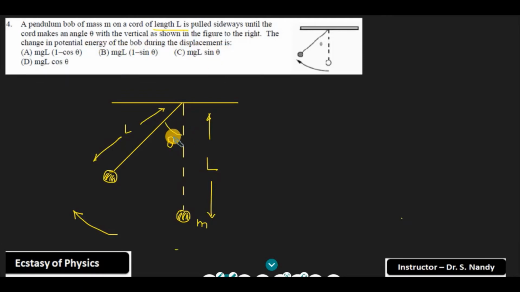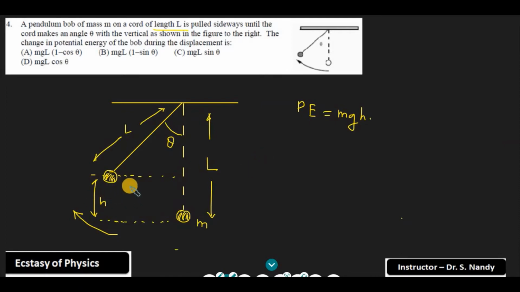Here it is making an angle theta. So we have to find how much it got vertically displaced. This height h we have to find, since potential energy is equal to m g h. If we can compute this height h, then it will represent the change in potential energy.